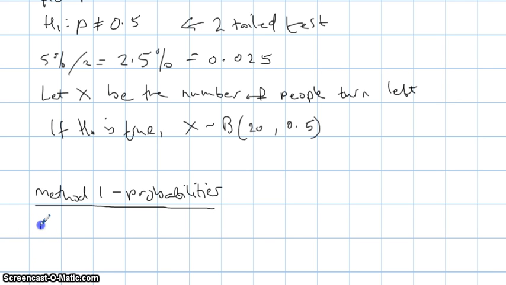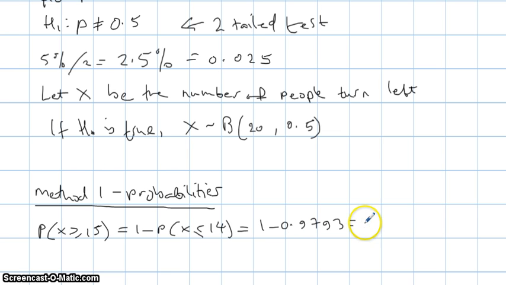In this method, 15 went to the left, so the probability that x is greater than or equal to 15. We're looking at the upper tail, which is 1 minus the probability that x is less than or equal to 14, which from the tables is 1 minus 0.9793, which equals 0.0207.